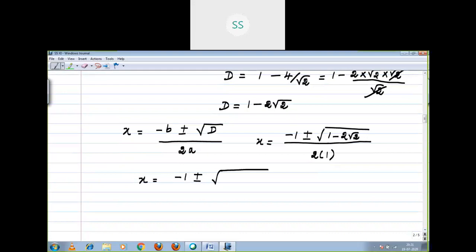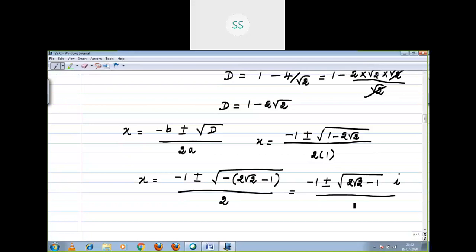I am going to take minus as common in the root: minus of 2 root 2 minus 1, divided by 2. Which is equal to minus 1 plus or minus root 2 root 2 minus 1 into i, divided by 2. I hope you understood.